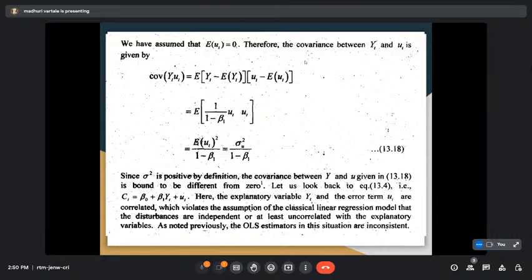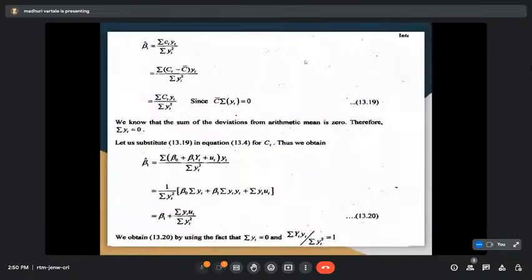As noted previously, the OLS estimators in this situation are inconsistent. So let us see the beta value of this equation, that is summation of ct yt divided by summation of yt squared.